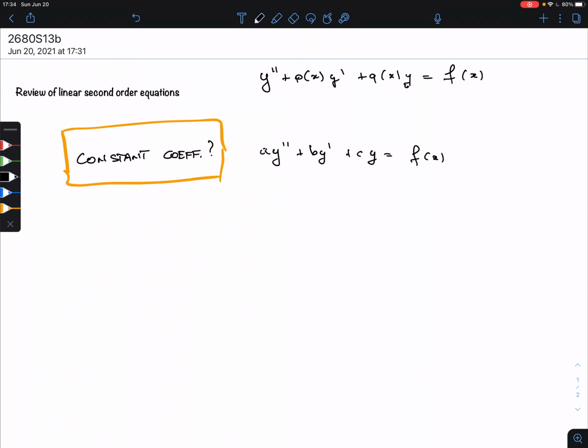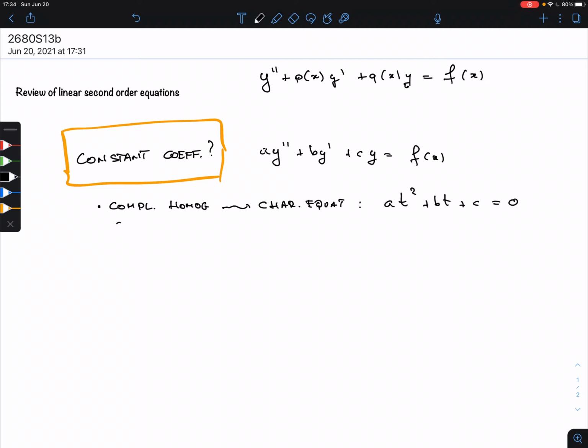So in the constant coefficients case, there is a two-step process. We do first the complementary homogeneous, and that one is through the characteristic equation. And I remind you, the characteristic equation is just a t squared plus bt plus c equals 0.